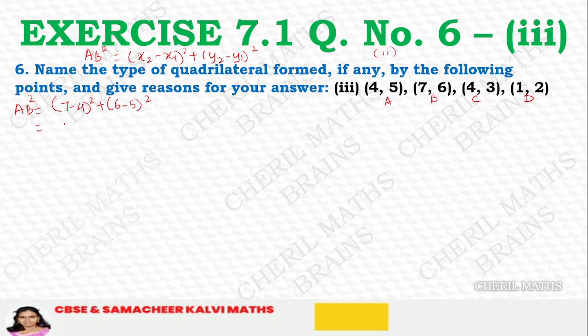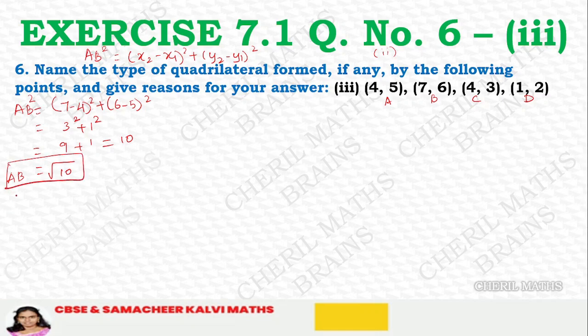So it will be 3 square plus 1 square, so 9 plus 1, which will be 10. So AB square is 10, and AB is square root of 10.